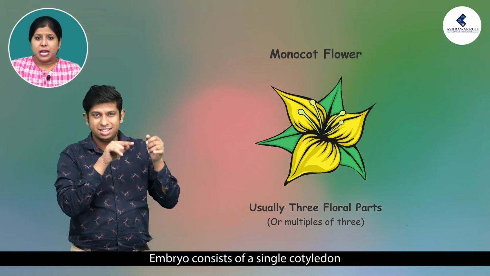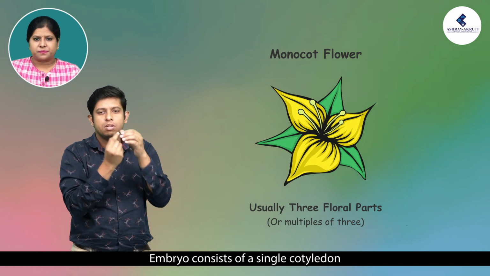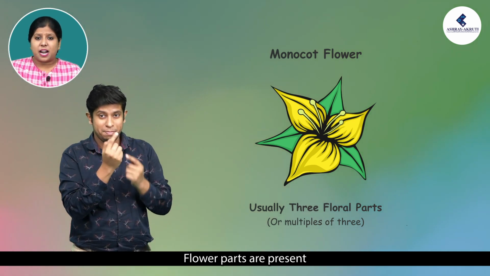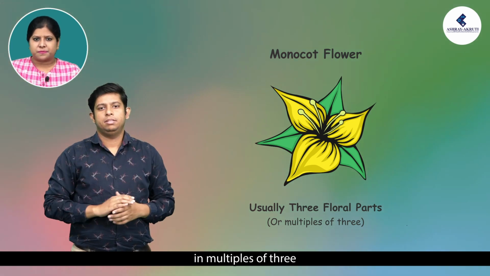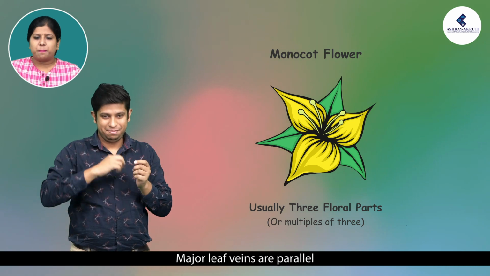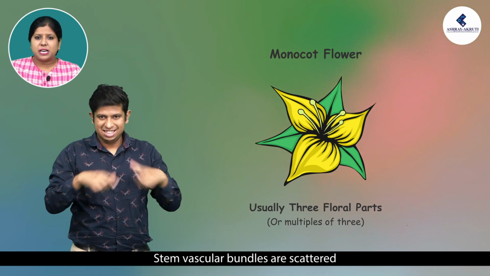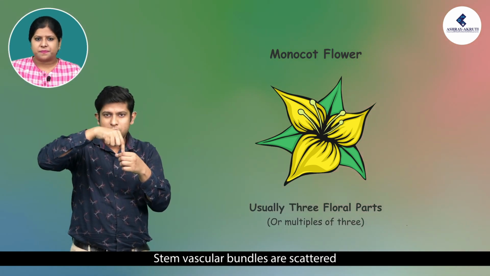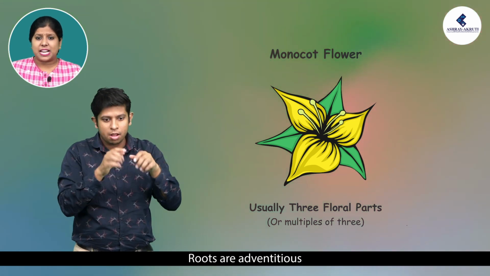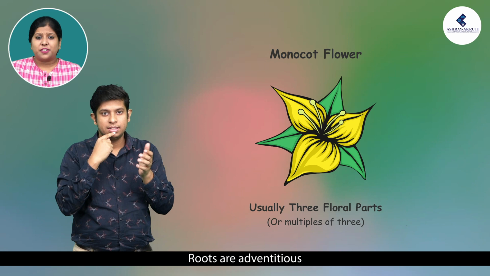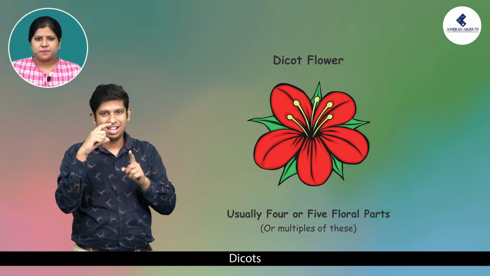Monocots. Embryo consists of a single cotyledon. Flower parts are present in multiples of 3. Major leaf veins are parallel. Stem vascular bundles are scattered. Roots are adventitious. Examples: rice, wheat and maize. Dicots.